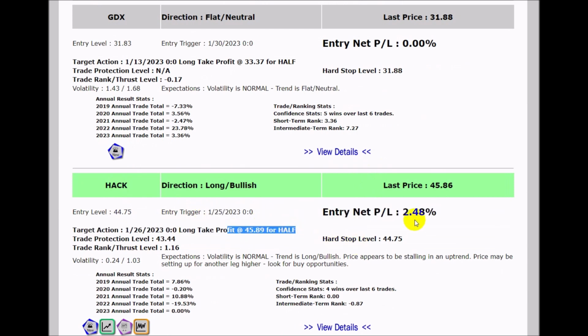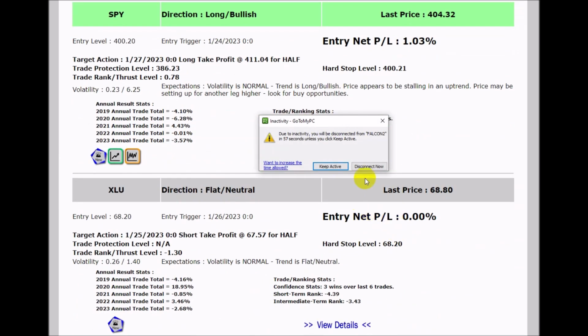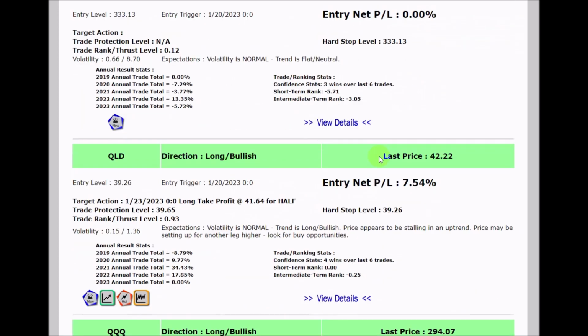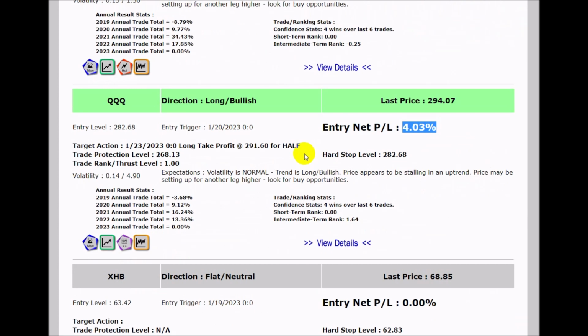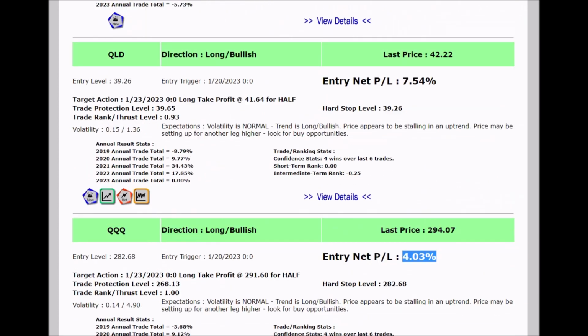Remember, I suggest not to chase them after they take their half positions. And QLD, January 20th, it's already taken its position. But again, look, we've already seen 7.5%. We're already seeing 4%. These triggers update every 15 minutes, and they're there waiting for you.